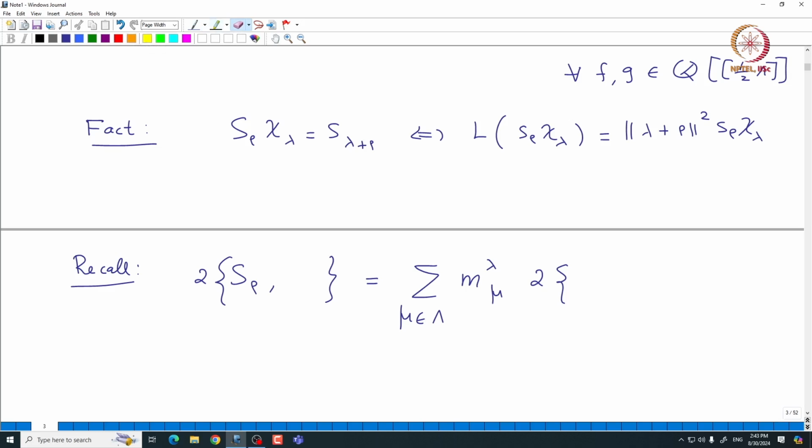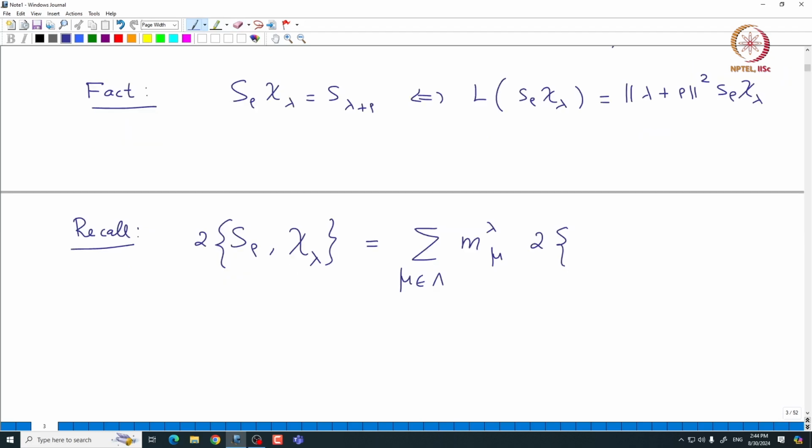So this is actually obtained from the formula for S rho comma e power gamma. Let me write the formula for twice S rho comma chi lambda: it equals the summation over mu in lambda of the multiplicity of mu in V lambda times twice S rho comma e power mu.